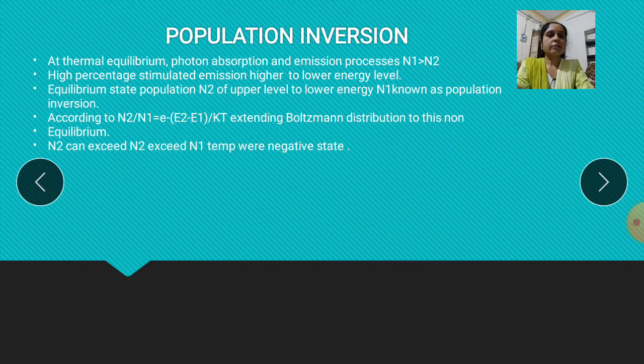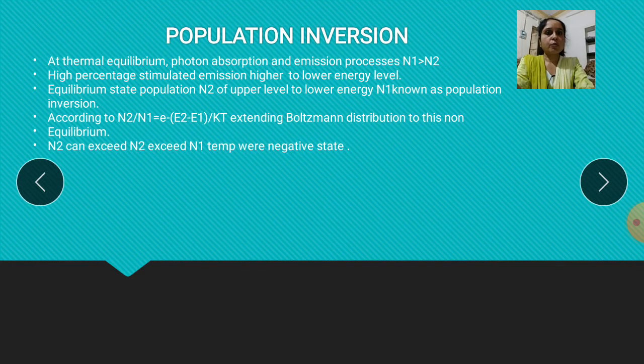That equation represents the Boltzmann distribution. According to that law, we get the equilibrium state, where N2 and N1 are the populations of the higher and lower states, and the exponent is the energy of the upper state minus the energy of the lower state.